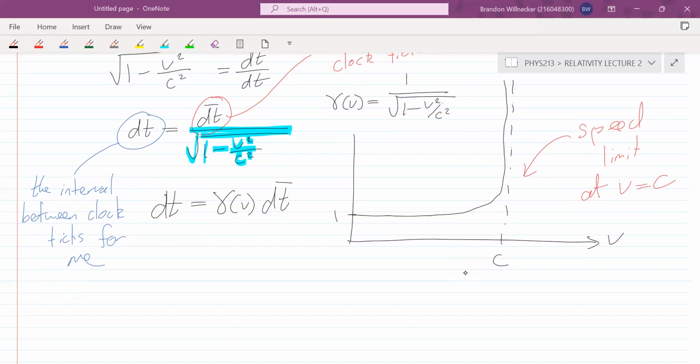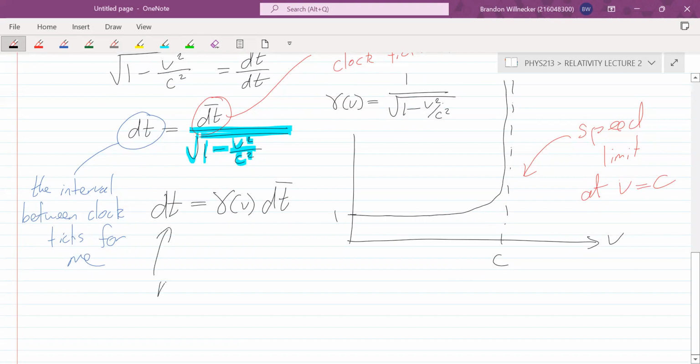For you looking at me, for example, you're standing there and you're looking at my clock. I'm moving, but you can still see the hands tick. What do you see as that tick rate? And conversely, if I'm the one moving and I look at your clock, what do I see as your tick rate? We're going to be seeing different things because of this relative motion.